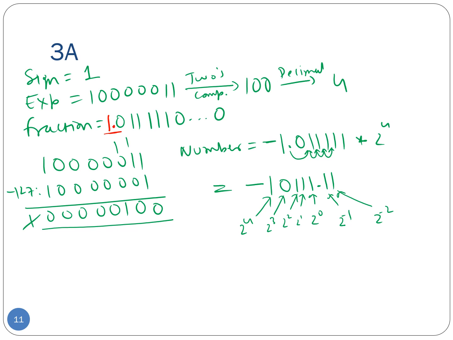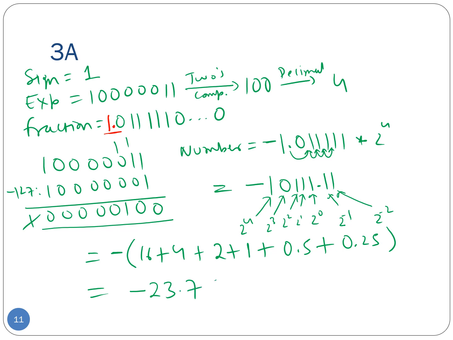The number becomes negative of 2 to the power 4, which is 16, plus 0, plus 2 to the power 1, which is 2, plus 2 to the power 0, which is 1, plus 2 to the power minus 1, which is 0.5, and 2 to the power minus 2, which is 0.25, right? Let's do the math. All of this comes to minus 23.75. As we can see, this was the original answer.